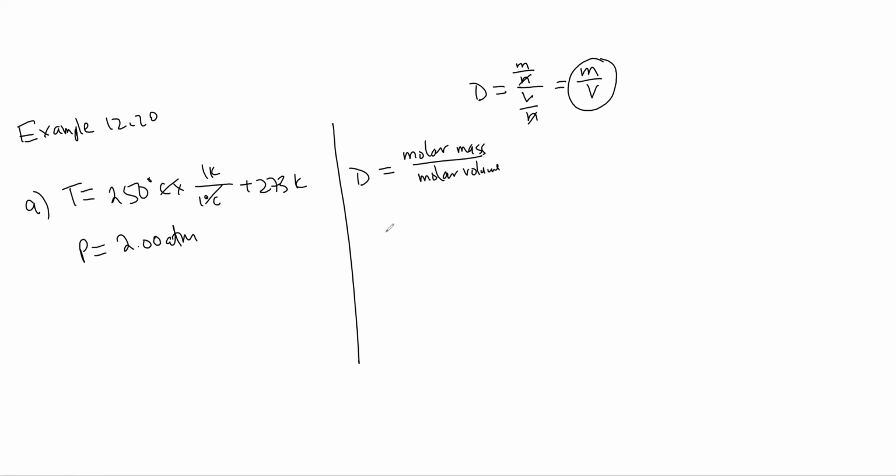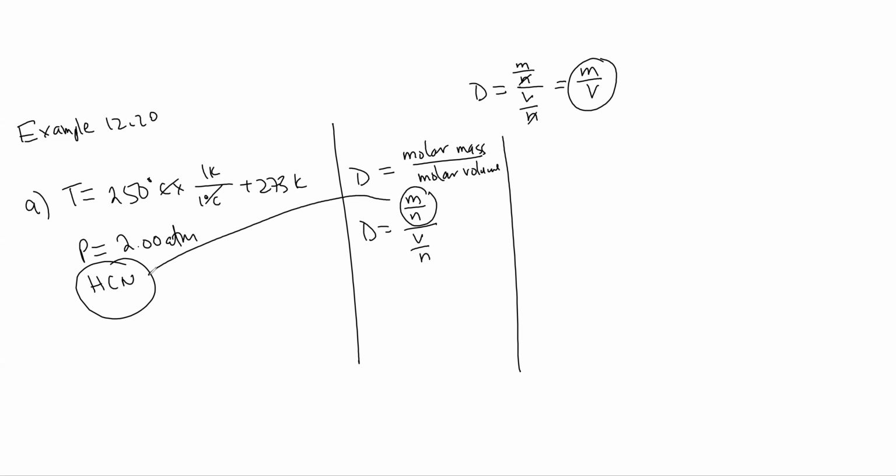I can use it as molar mass, M over N, over V over N. To solve this problem, we need several things. First, we find the molar mass of the substance. I just need the identity, HCN, which is what's given. I can find the molar mass using the periodic table, and once I find it, I'm going to plug it right here.